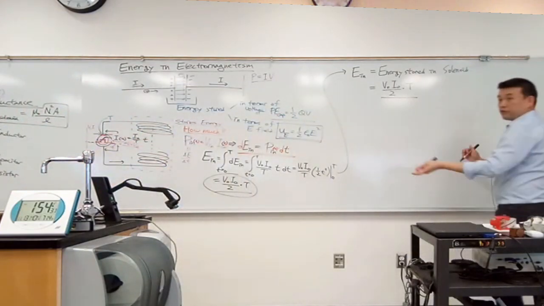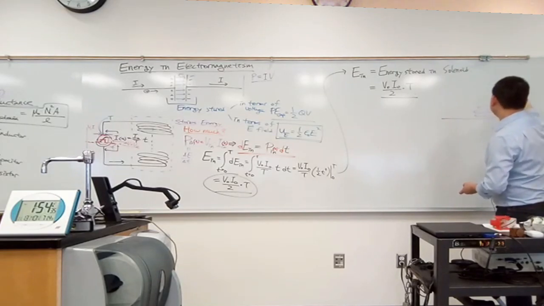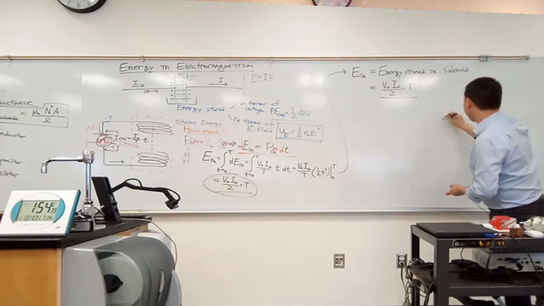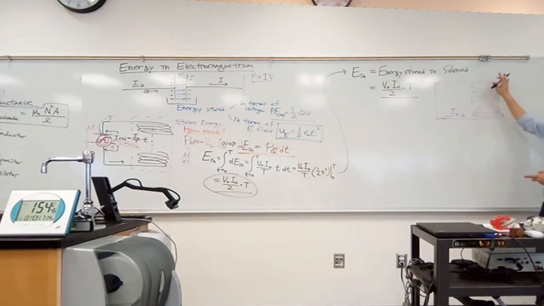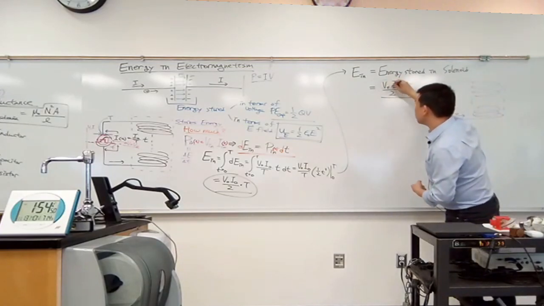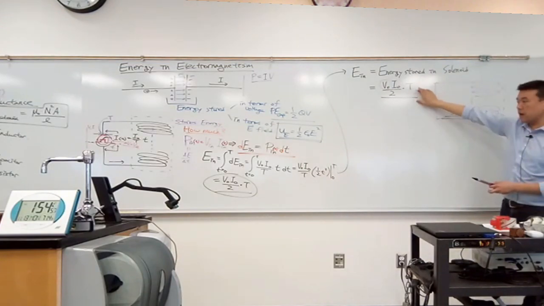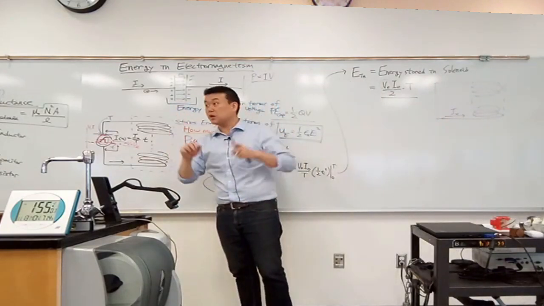It was a general solenoid, any kind of coil, where I said there was a constant current flowing through here, right? Was there anything like this voltage V naught in this picture? No, right? So the expression that we came up with is very specific to how you charged up the solenoid.